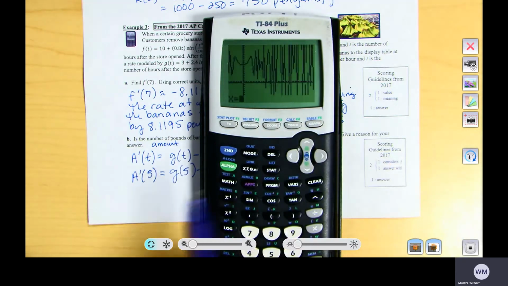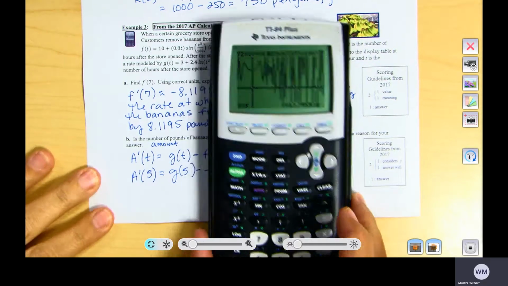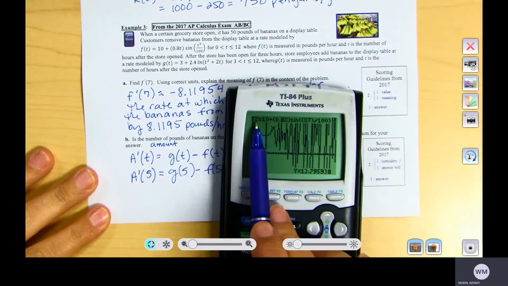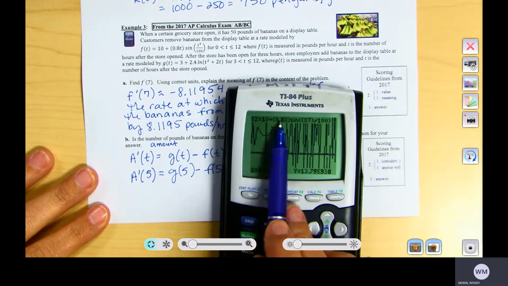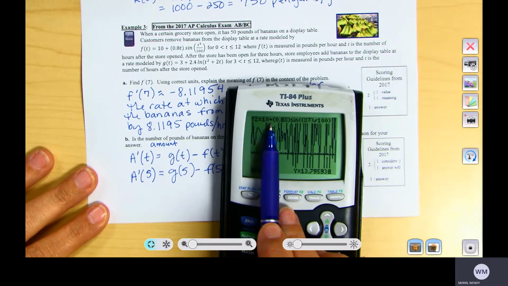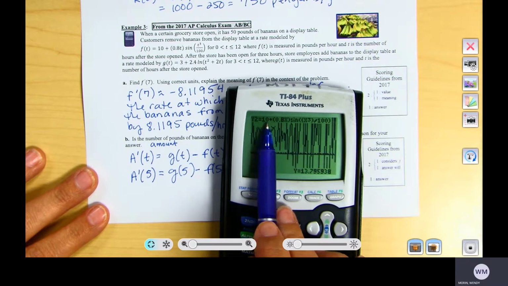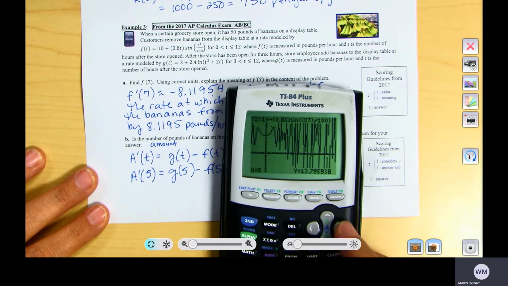We want to evaluate it at 5. Now we want to evaluate each one at 5. So if you look up here, it will tell you that you're evaluating your y sub 2. This equation is being evaluated at 5. So this equation is our f of 5.